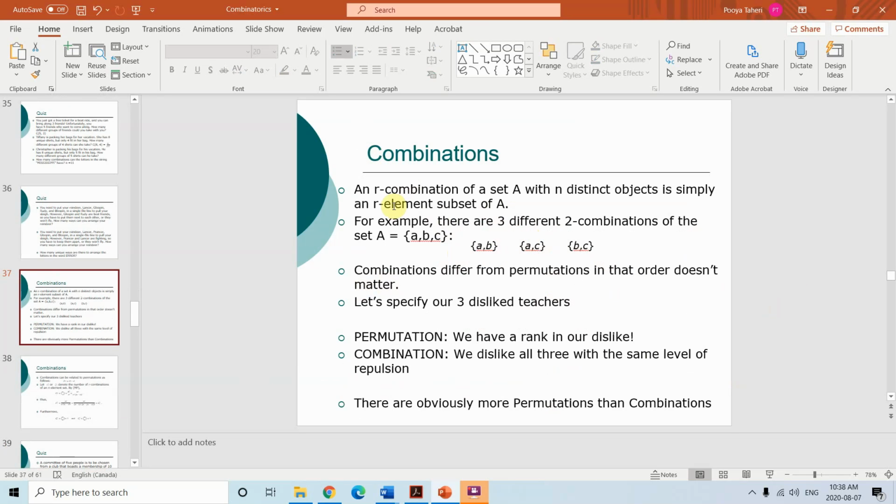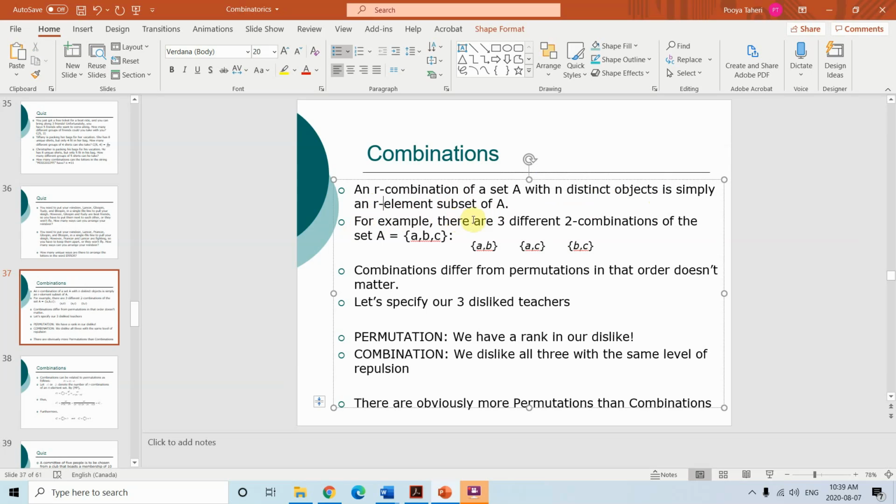So basically an R combination of a set A with n distinct objects is simply an R element subset of A. So we basically want to select an R element subset of A, and we don't care about the order of that subset.